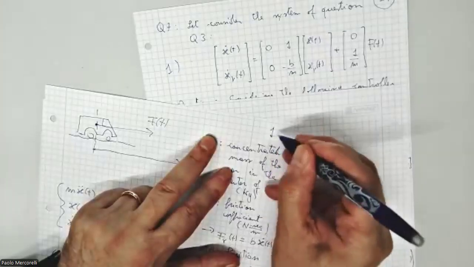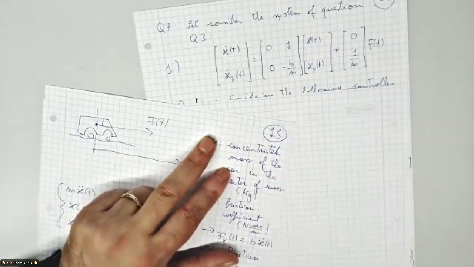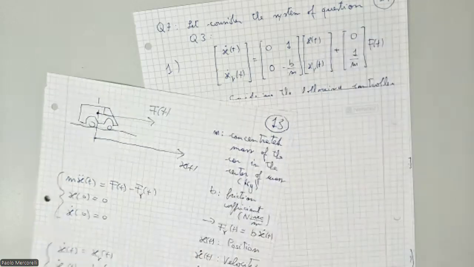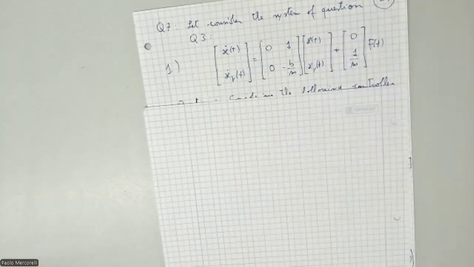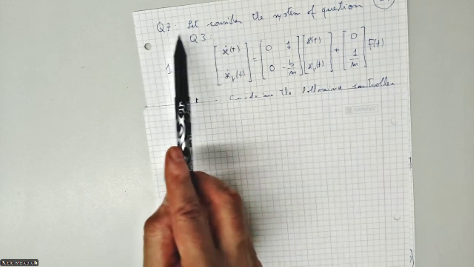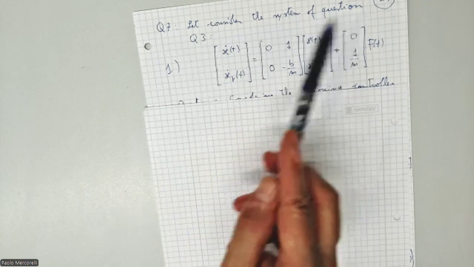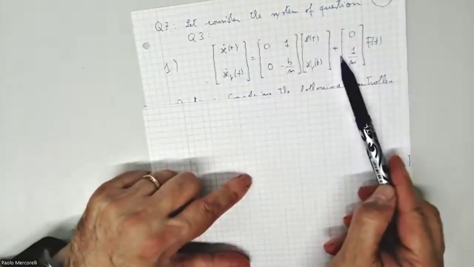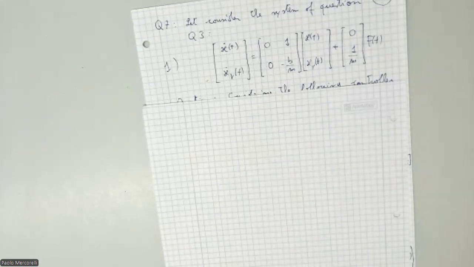But if you want, I write here 13, so you find in my study something which starts from 13 and goes ahead, because this lecture was included in another program. This is why this strange sentence, let's consider the system of question Q3. Doesn't matter. Forget it. One second. I have to close.